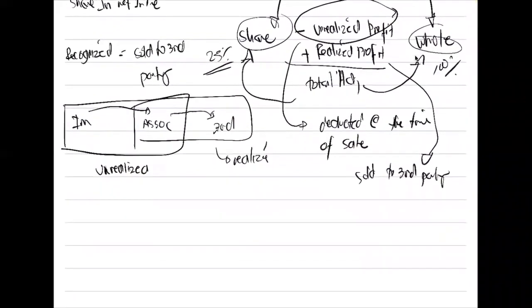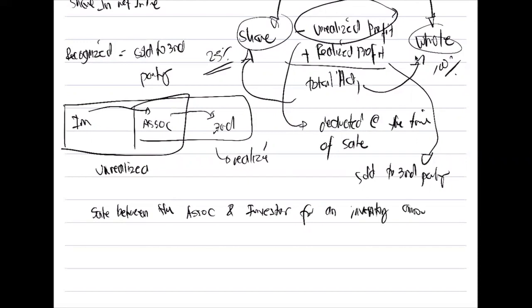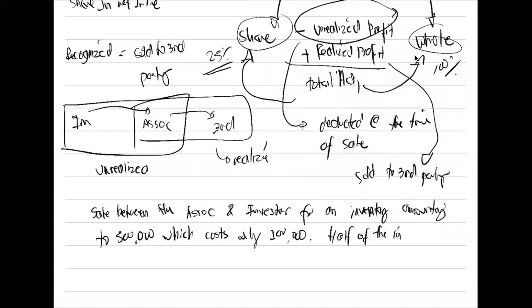So for example, we have here a sale between the associate and investor for an inventory amounting to 500,000, which costs only 300,000 pesos. Half of the inventory was sold to a third party.